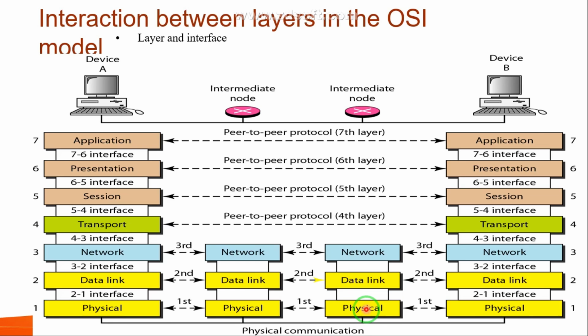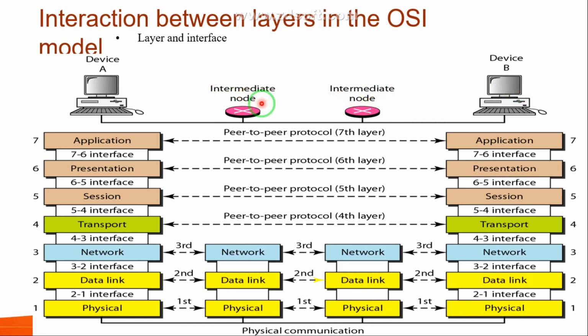But before that, you can see how the interaction between layers in the OSI model takes place. Before getting to each layer, take a quick view. Suppose device A is going to communicate with device B, but in between them you definitely require some intermediate nodes.